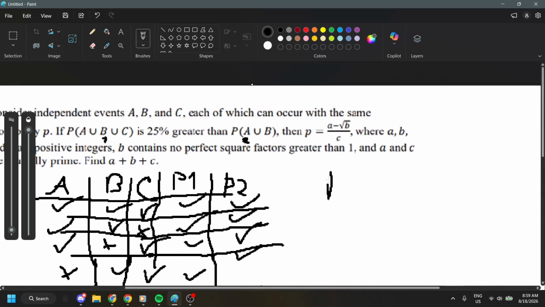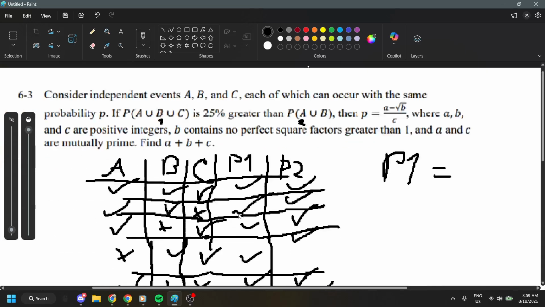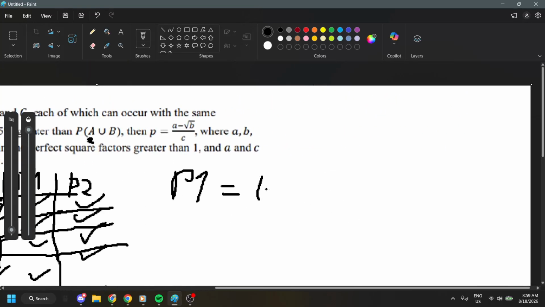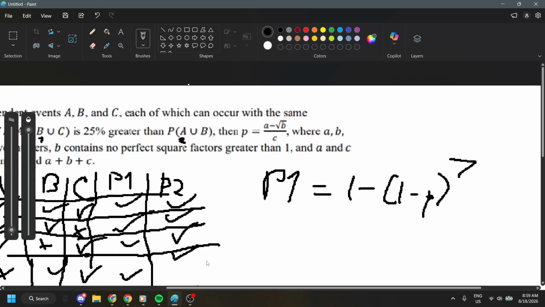So the probability for number 1 is equal to, well, it's just going to be 1 minus p to the 7, right?